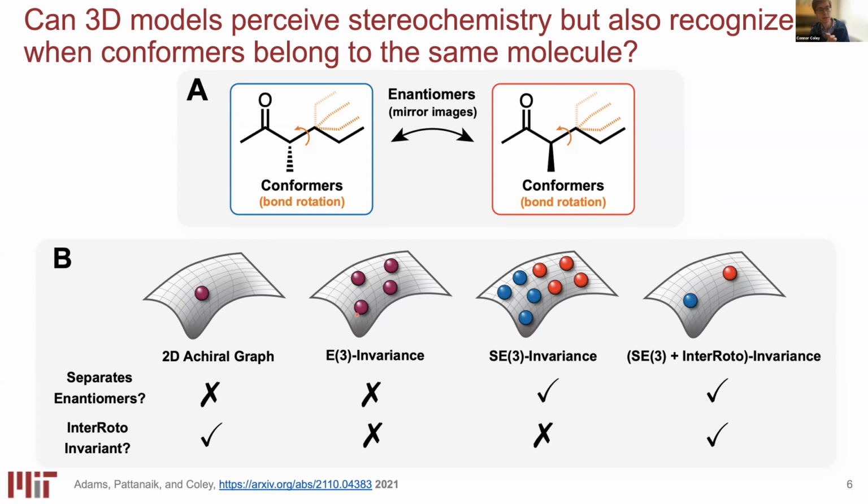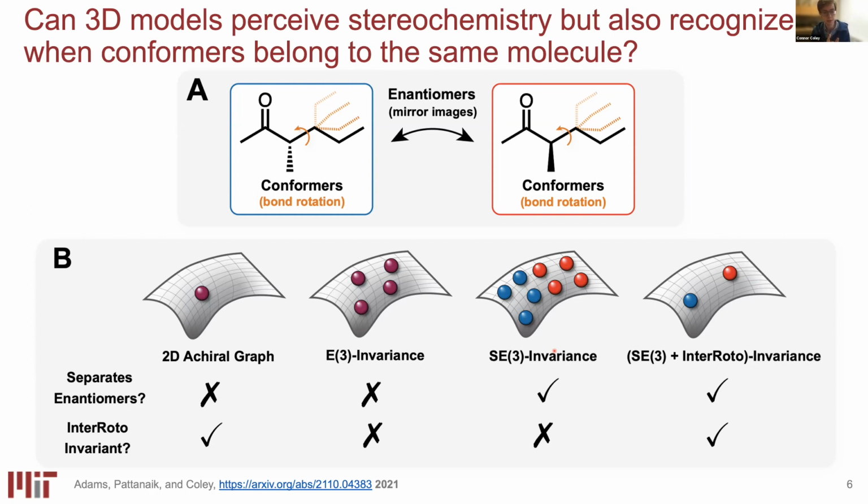SE3 invariance, the special Euclidean group in 3 dimensions, helps solve that. So we can tell enantiomers apart. But this raises some other questions: if I have a bunch of different conformers of the same molecule, does the model think it's one molecule or multiple molecules? Right? Can we teach models to understand conformational flexibility and stereochemistry at the same time?